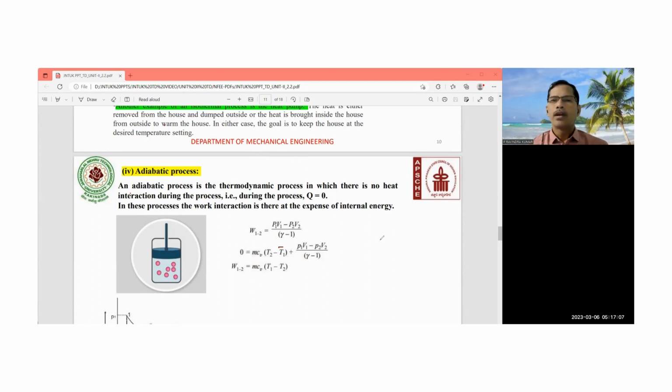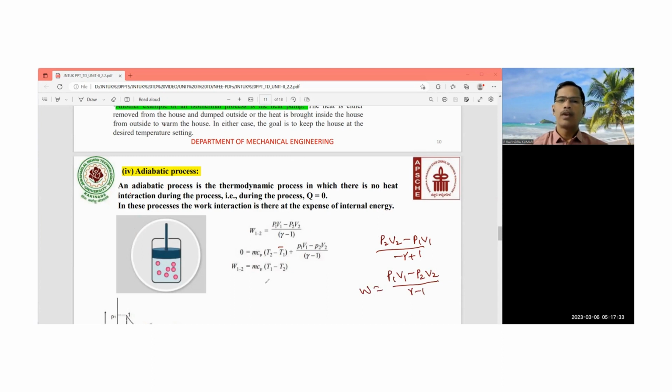That is, you will get P2 V2 minus P1 V1 by minus gamma plus 1. Then you can write this one as P1 V1 minus P2 V2 divided by gamma minus 1. So this is the work transfer relation, right?